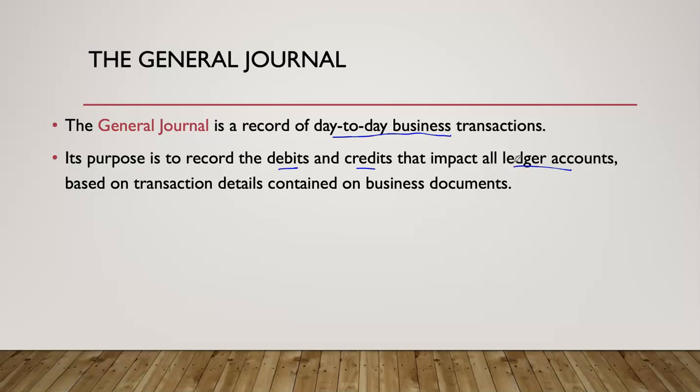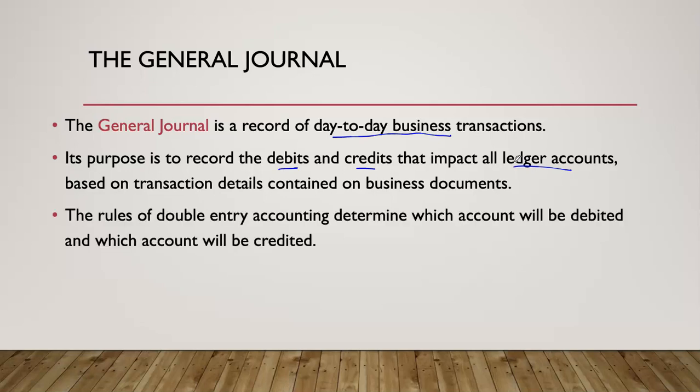And we get this information from our business documents. So basically, anytime you have a debit or credit to record, it's recorded in your general journal first. And the rules of double entry accounting, as I mentioned before, PALER or just remembering a table, will determine whether you're doing a debit or a credit.